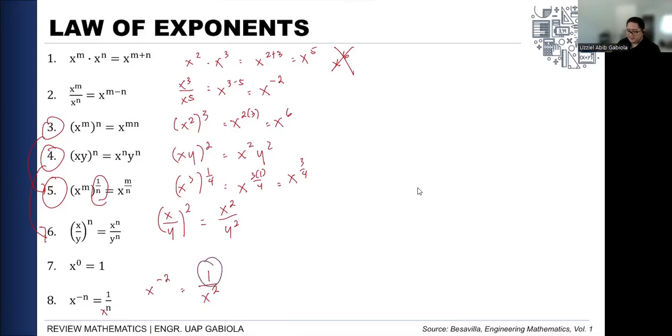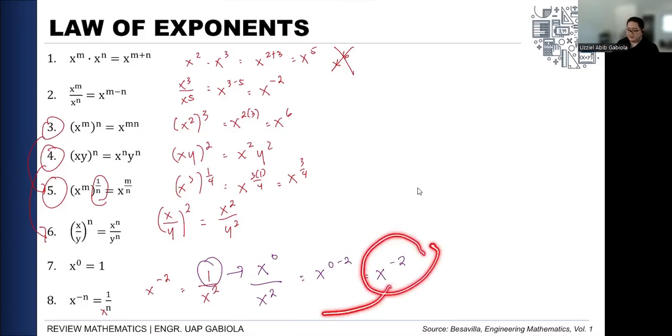Para makapag-minus ako, pwede kong i-represent si 1 as x raised to 0. Okay? So ito is x squared. Kapag in-apply ko yung law number 2, this is also equivalent to x to the 0 minus 2. So, babalik siya dun sa x to the minus 2. So, it means na si x raised to negative 2 is also equivalent to 1 over x squared.